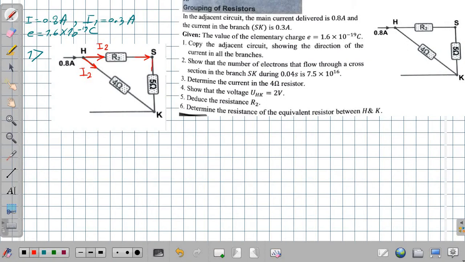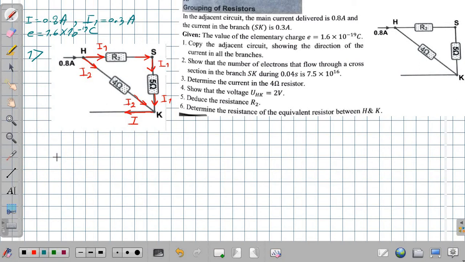So the current I1 at the junction K, I1 and I2 meet, and we get back the current I.